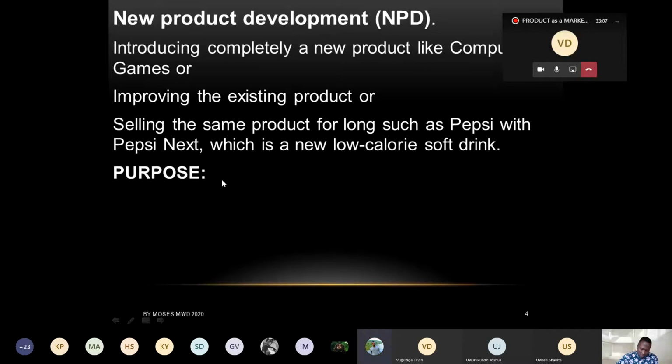Yes, please. I think it allows the business to stay competitive. Yeah, very good. Yeah, competitive, because another. It keeps customers interested.